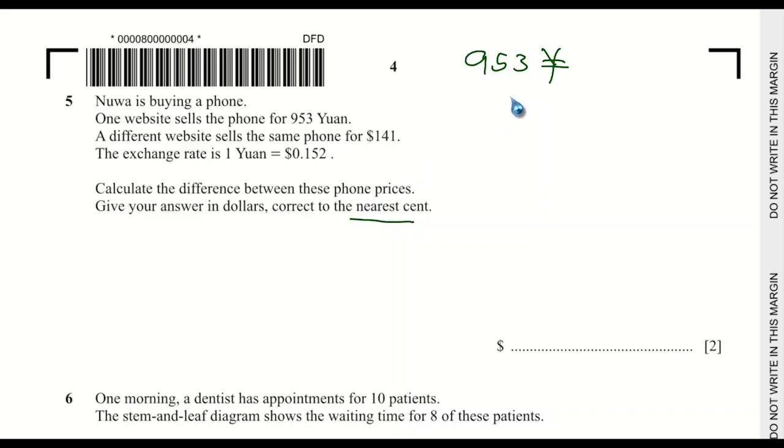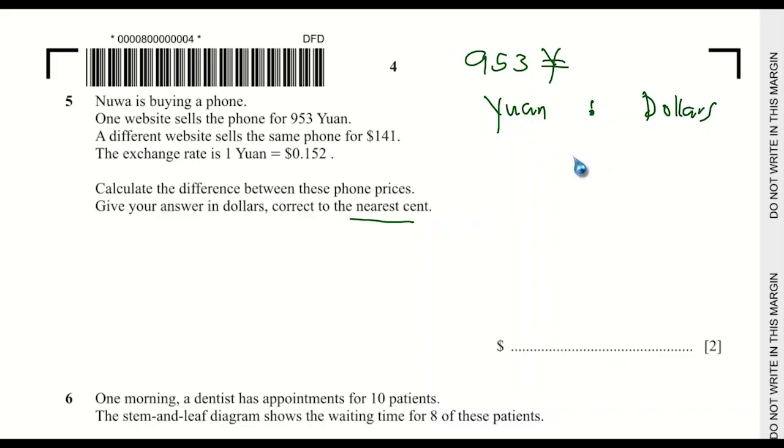What we can easily do here is to convert this using ratio. So you can say yuan, like this, ratio dollars.